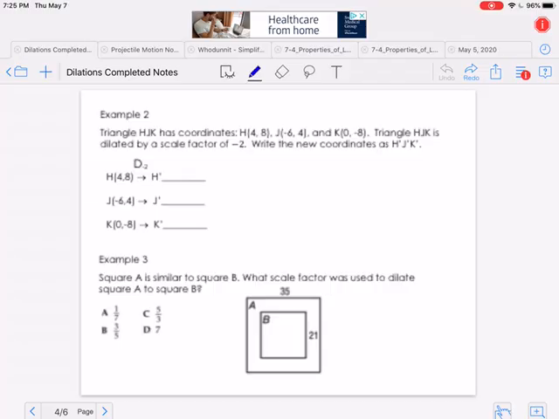So for this example, it says triangle HJK has coordinates: H is 4, 8. J is negative 6, 4, and K is 0, negative 8. We want to dilate this triangle by a scale factor of -2 and write the new coordinates. So very, very simple. All we're doing is taking every single number, X and Y, and multiplying it by -2.